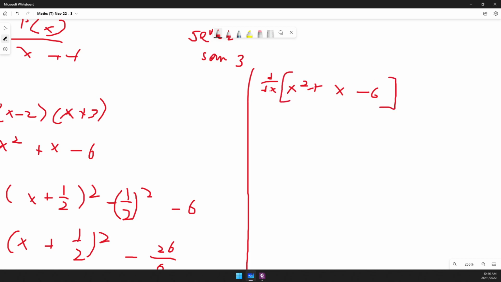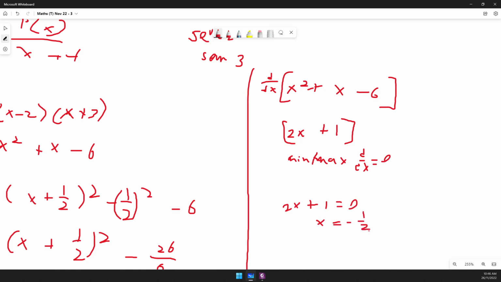Just do this. Then d over dx, I think you remember this part, 2x plus 1. A graph is at minimum or maximum when d over dx equals 0. So just 2x plus 1 equals 0, x equals negative 1 over 2.